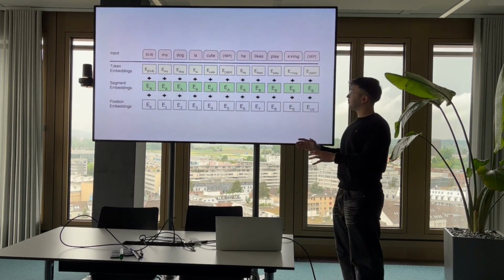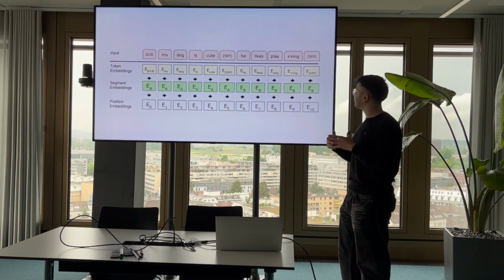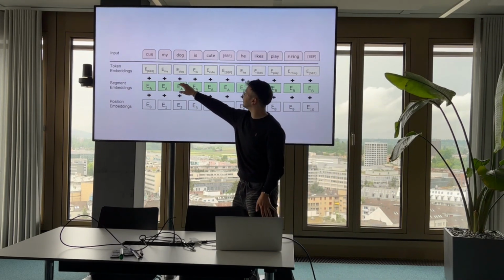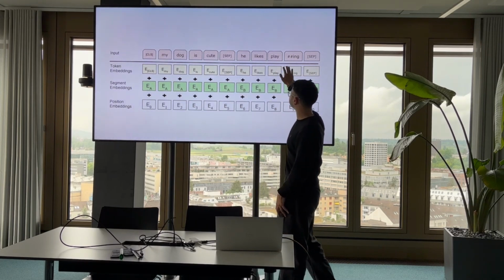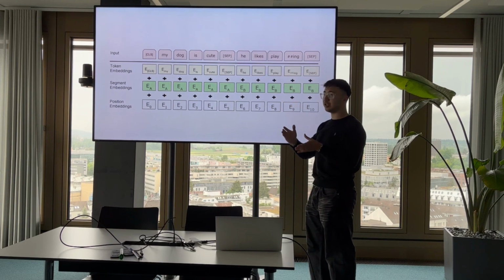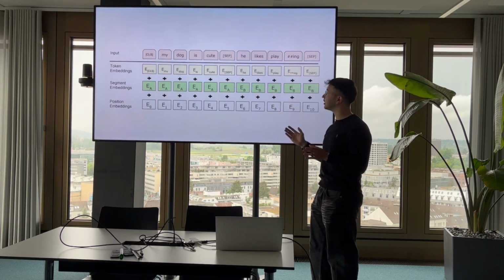This is the specific input representation BERT uses. First are the yellow tokens here. These are the base embeddings for those words or tokens without any context.